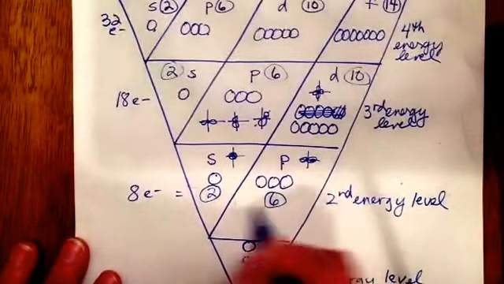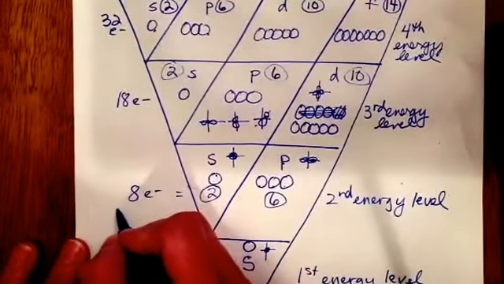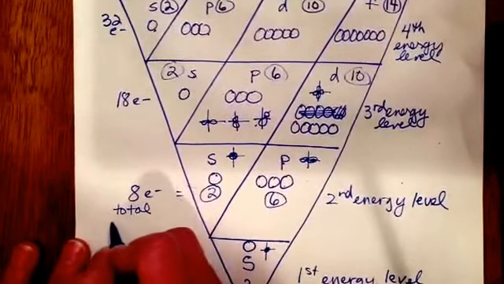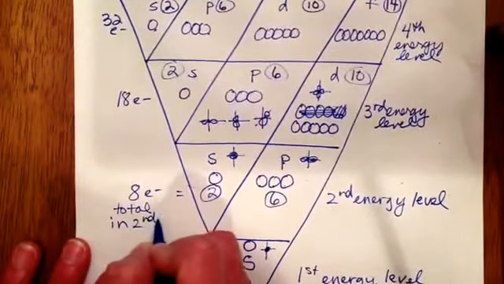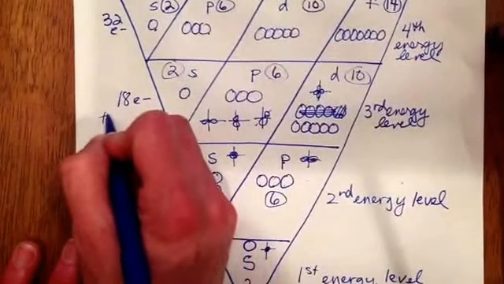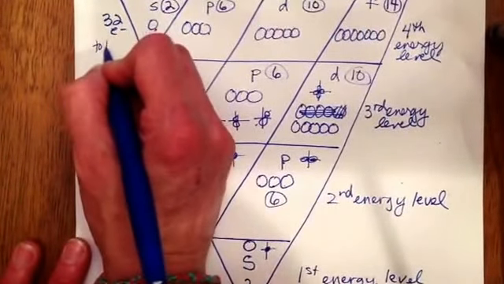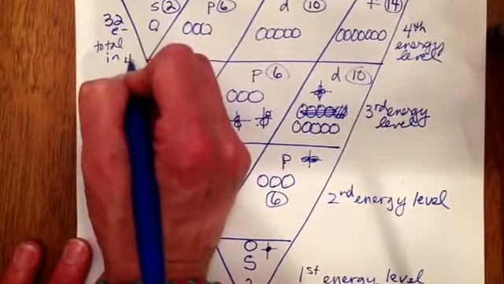So we add these numbers up to give us the total number of electrons. Total in third, total in fourth.